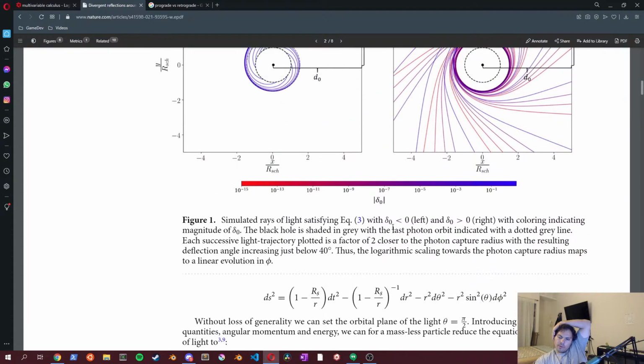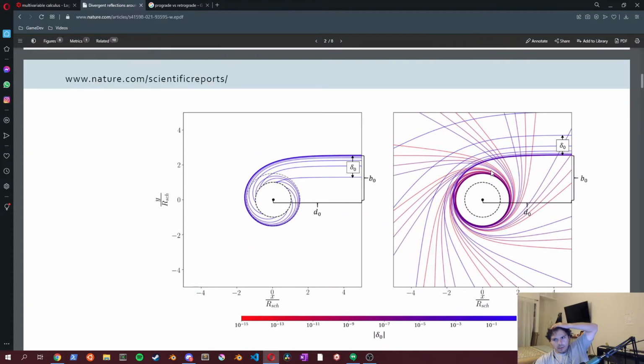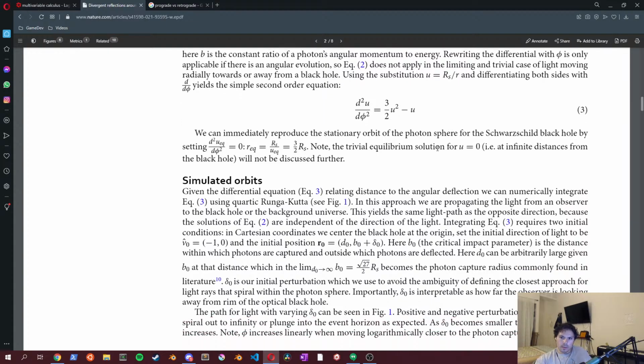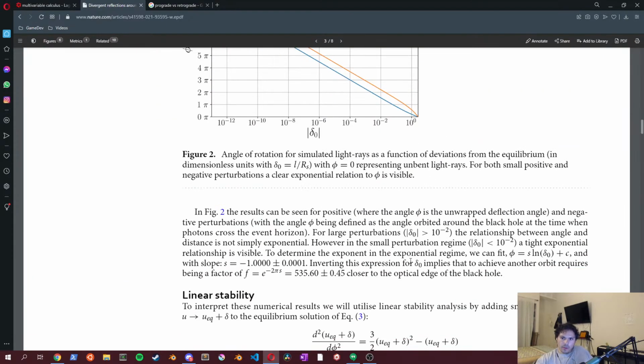I assume unwrapped deflection angle just means the angle minus whatever number of 360s you need, so that in case it orbited around more than once, it's only giving us the last bit of the angle, not with all the extra 360s. And with the negative one, phi is defined as the angle orbited around the black hole when it crosses the event horizon.